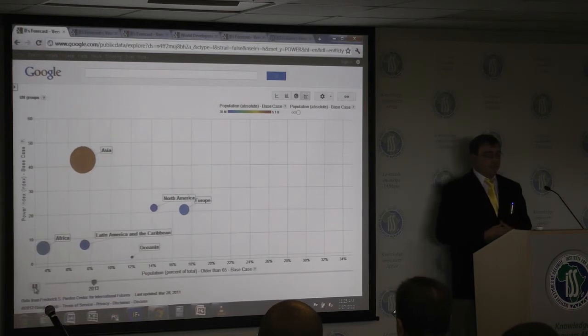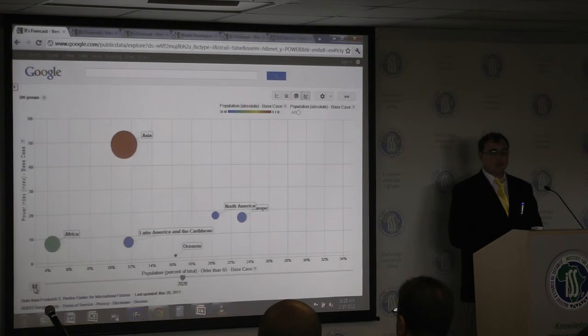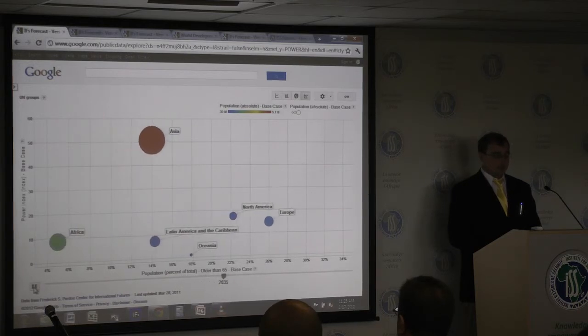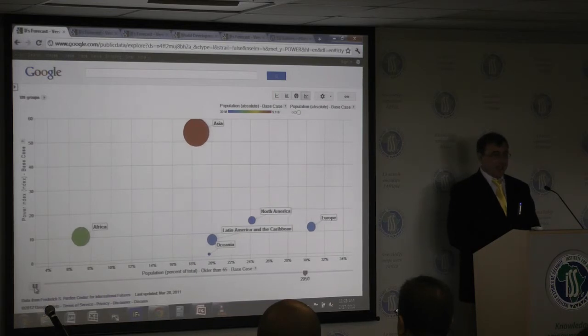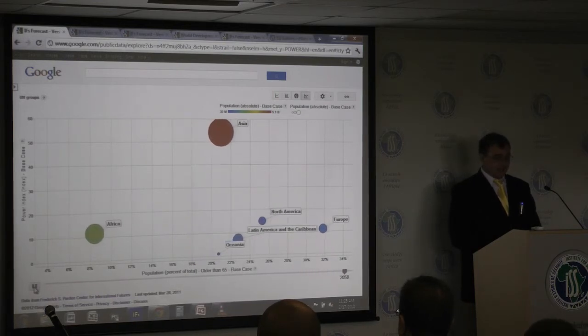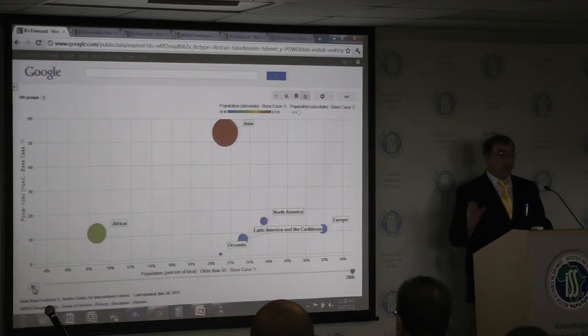Playing this across time, Asia continues to become the hub of material power in the world, over 50% with China and India and places like Japan and South Korea. Populations age quite considerably. Europe on average is over 30% older than 65. Again, demographic no man's land. But you'll see Africa, how young Africa is moving forward.